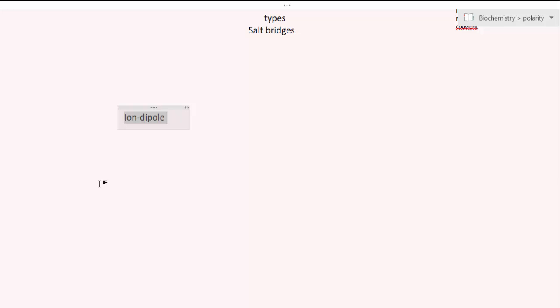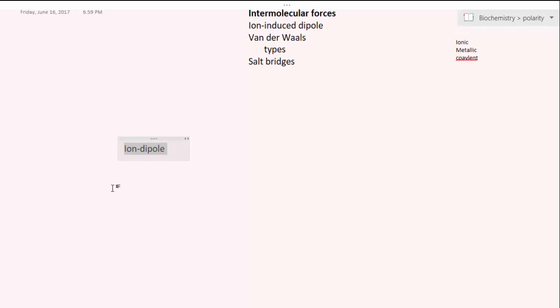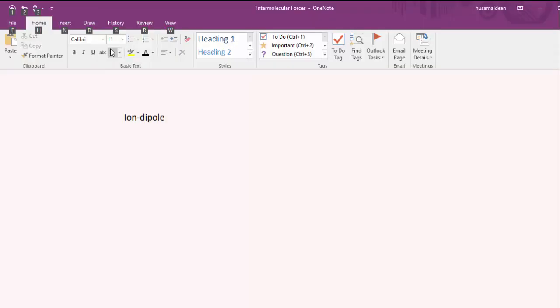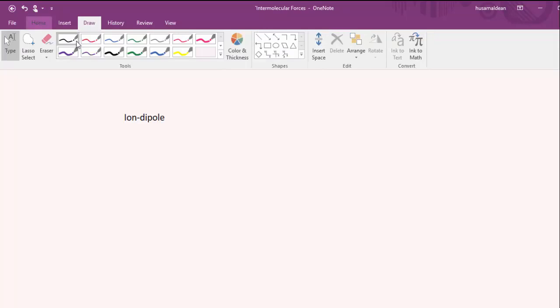It's an interaction between an ion and a dipole. A dipole is simply a molecule with two poles, each bearing a different partial charge. They are not bearing complete charges. For example, HCl molecule.